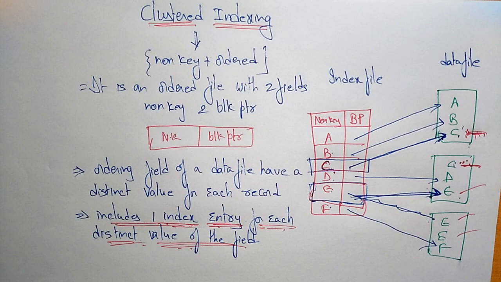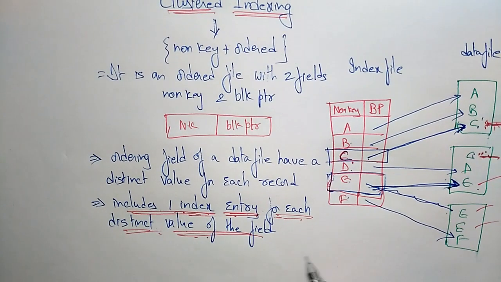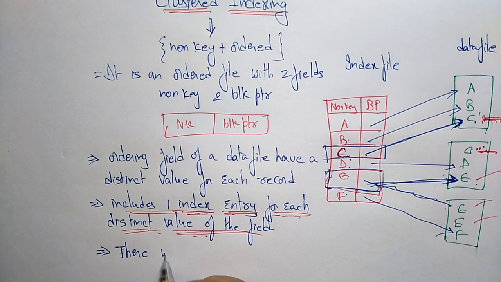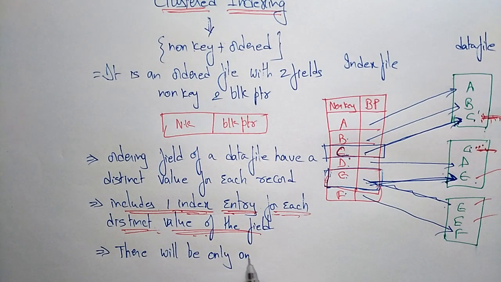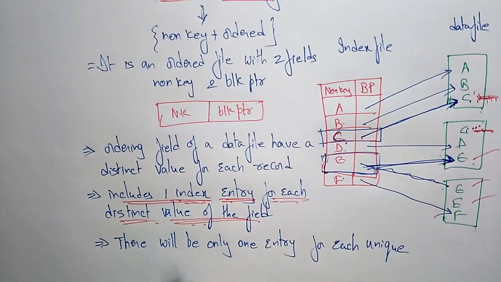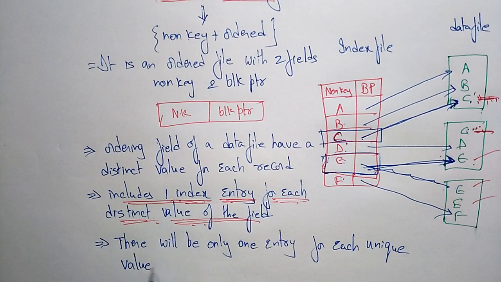Okay, and here you have to note that there will be only one entry for each unique value of the non-key attribute.